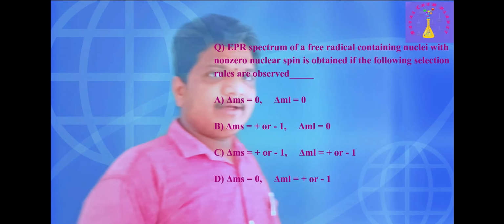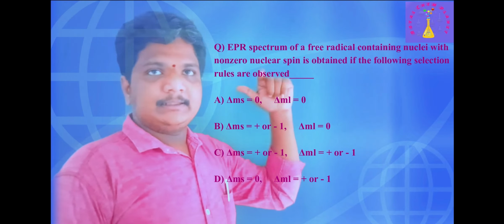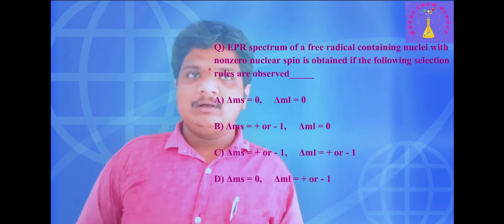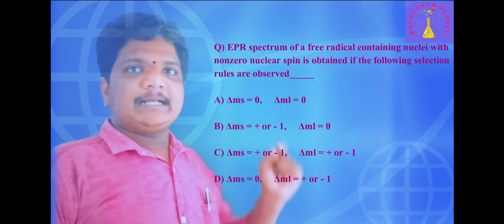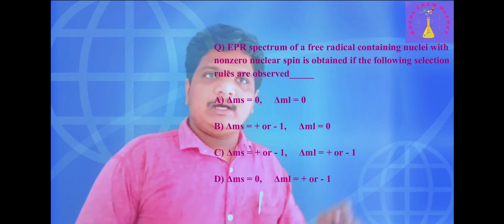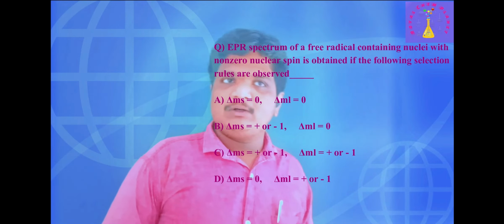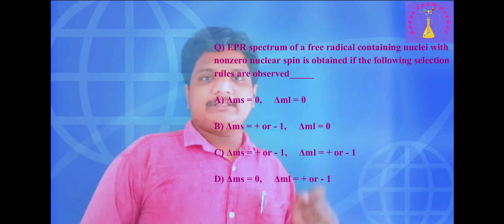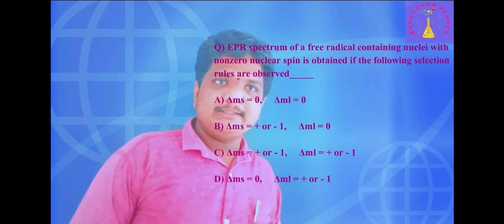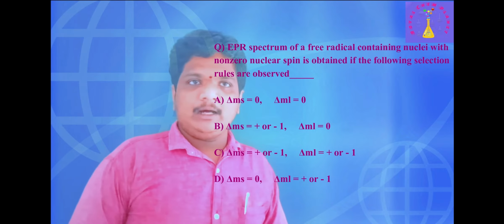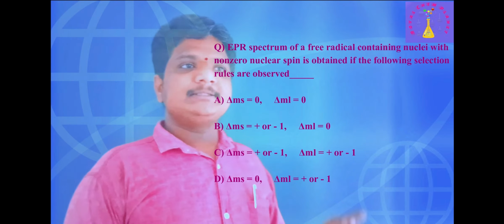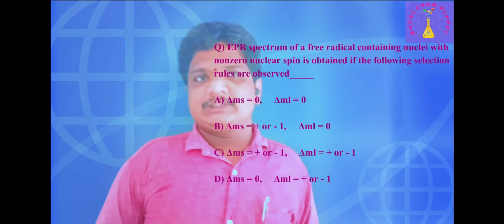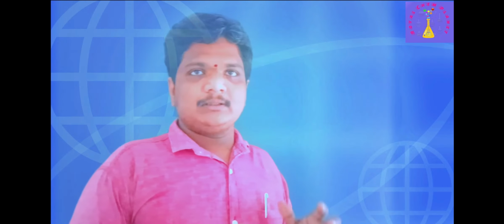Here they have given option A, delta ms is equal to 0 and delta ml is equal to 0, option B, delta ms is equal to plus or minus 1 and delta ml is equal to 0, option C, delta ms is equal to plus or minus 1 and delta ml is equal to plus or minus 1, and option D, delta ms is equal to 0 and delta ml is equal to plus or minus 1.